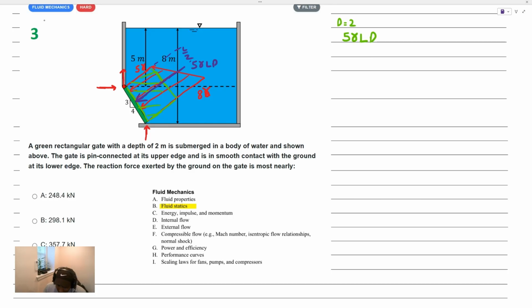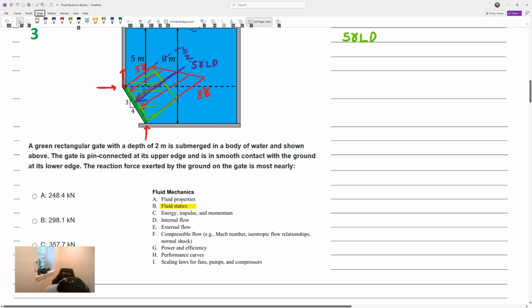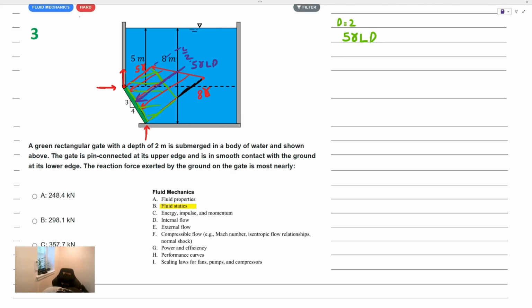What about for the triangular contribution? The triangular contribution here will have a height of 3 gamma. It has a length equal to L, and we divide that by 2. That is this area right here. And of course, we multiply through by the depth to get the volume.